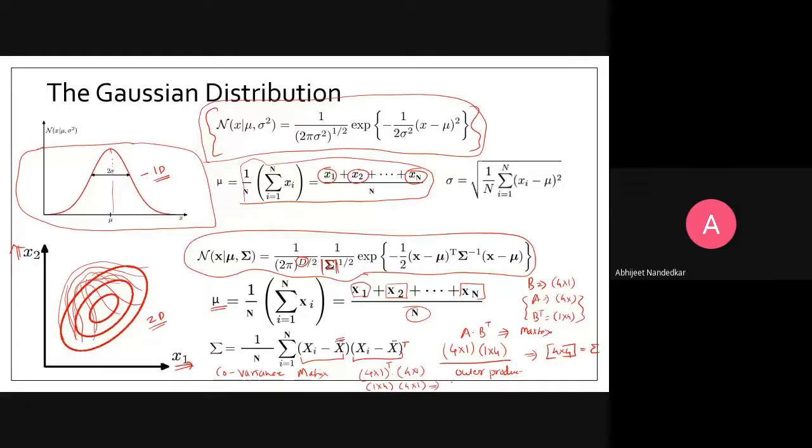This will give you one quantity or one number. So whenever you do an inner product, you will get only one number. Whenever you do an outer product, you will get a matrix, and in this case this is called the covariance matrix.